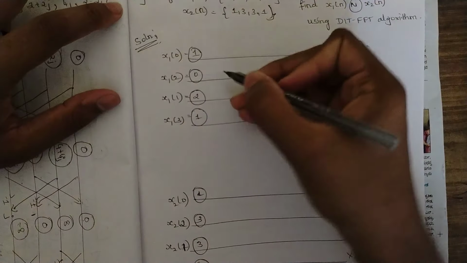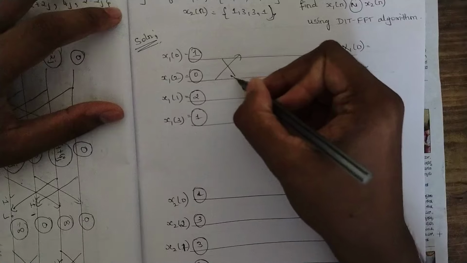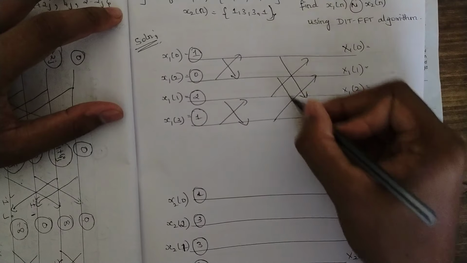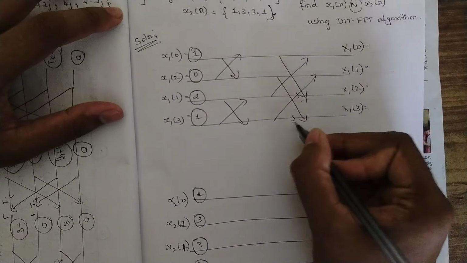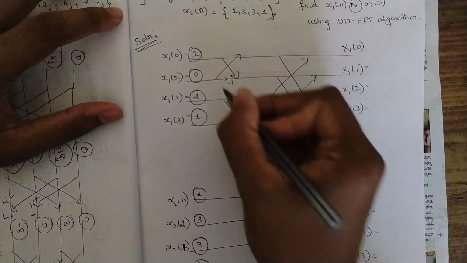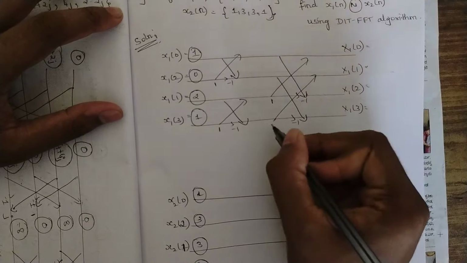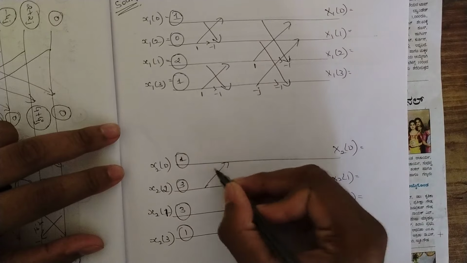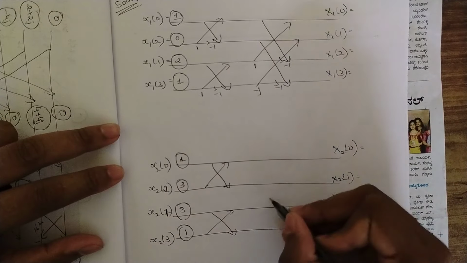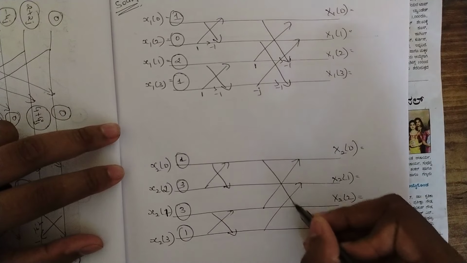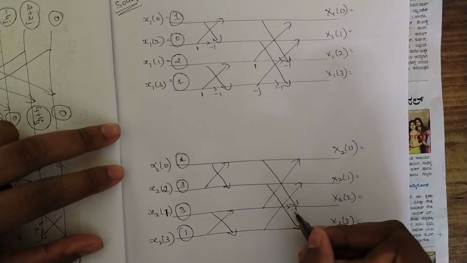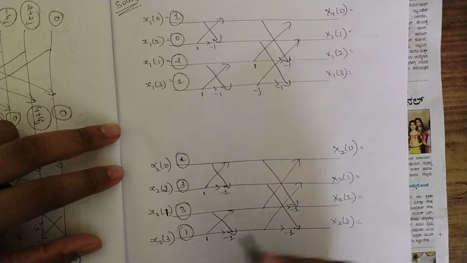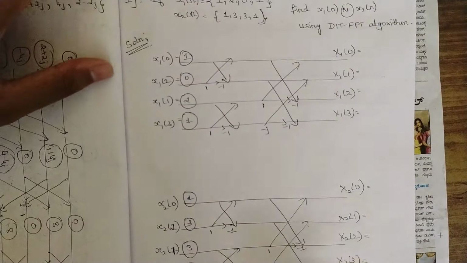So now let's quickly draw the structure of DIT: first a pair of 2, then a pair of 4, downward arrow -1, and on the input side 1, 1, and here it is 1 and -j. Similarly draw the same structure here, pair of 4 and 2, downward arrow -1, input side, and let's solve now.